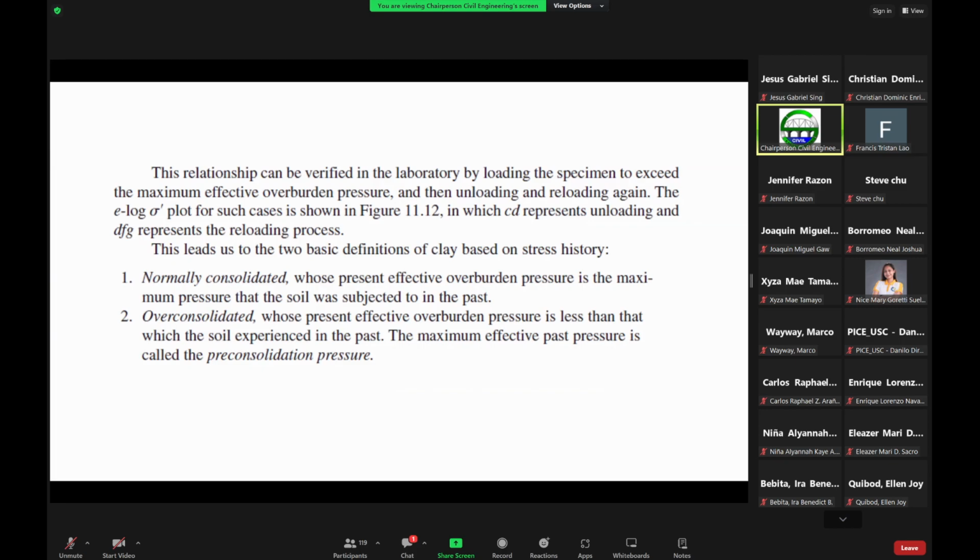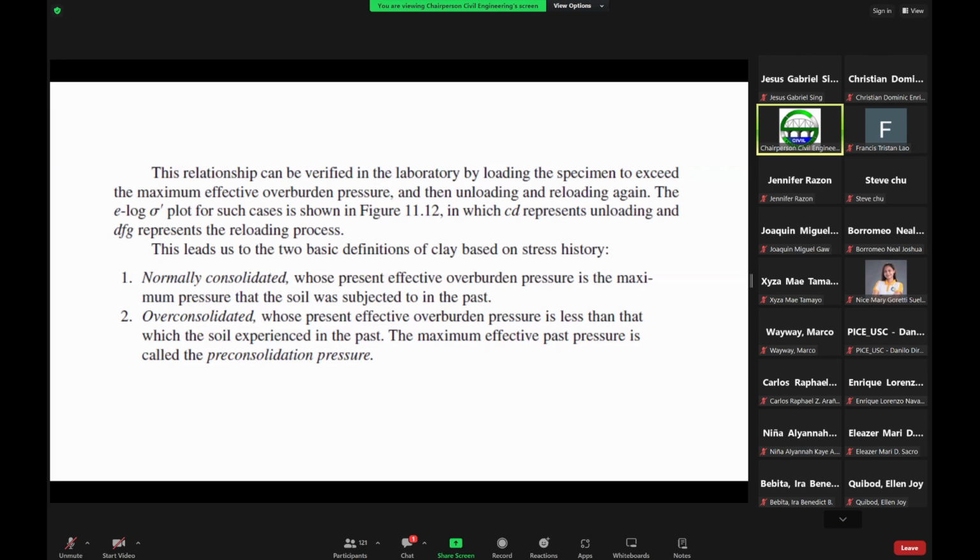For a normally consolidated clay, the present effective overburden pressure, which is basically the pressure created by the existing soil on top of the soil material that you're considering, is considered as the maximum pressure that the soil was subjected to in the past.